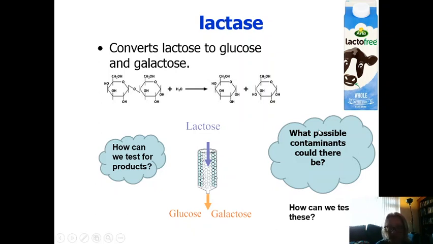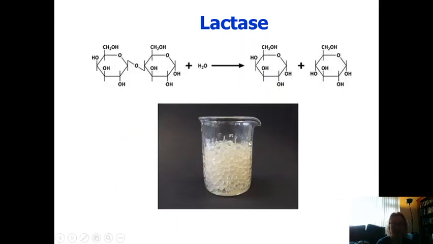So we could test for proteins as well in the product that's formed. We were going to use glucose test sticks to test for the glucose, and for protein we can use biuret reagent. And this is the alginate beads that we would have made if we'd been able to have a go at that practical.